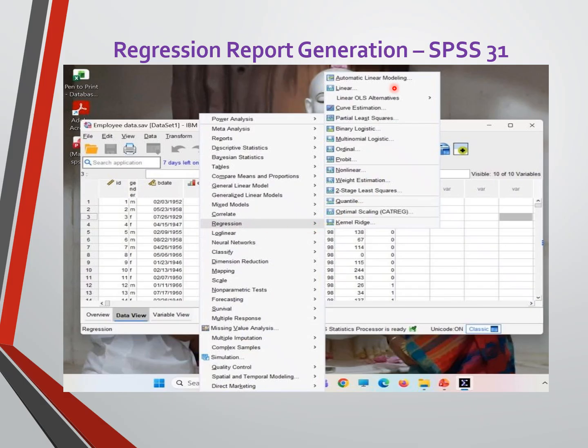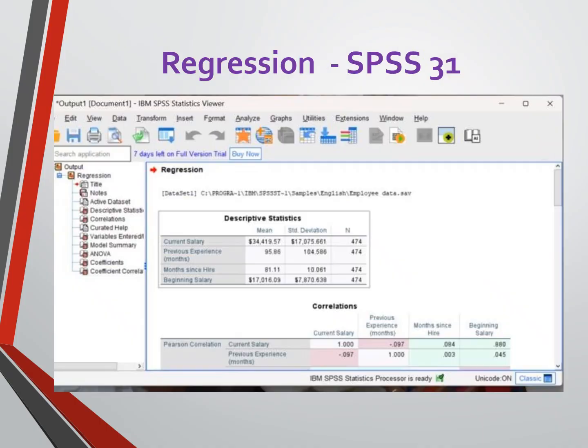On regression it says automatic linear modeling, or you can go to linear modeling, you can do curve estimation, or a non-linear relationship. The graph is also going to be presented, and the report will be available. So this is the way we can do the report generation through SPSS 31.